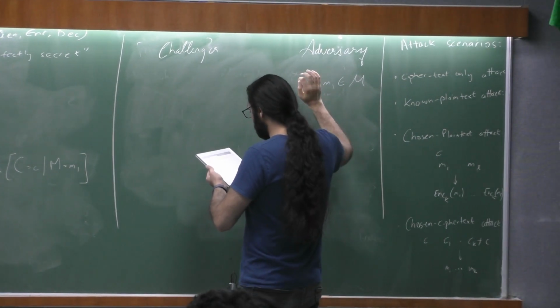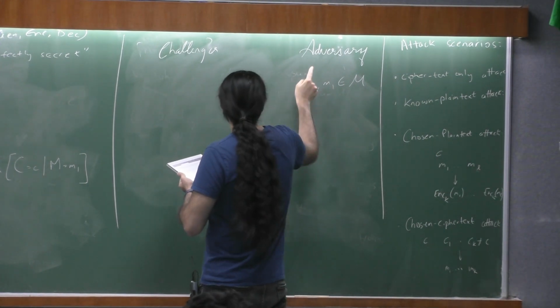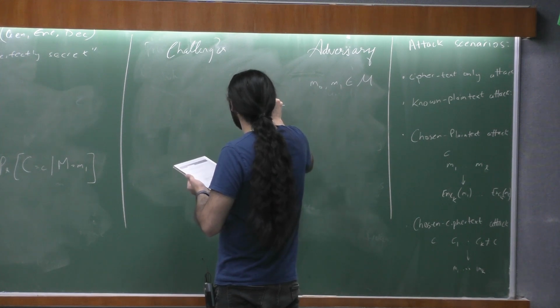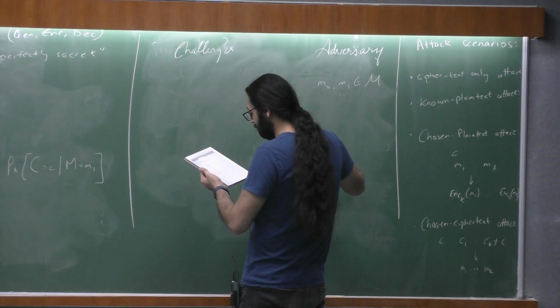Okay, so the third definition says that the adversary picks these messages M0, M1 and sends them to the challenger.